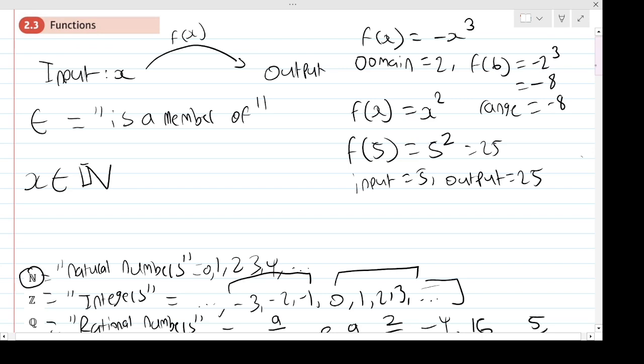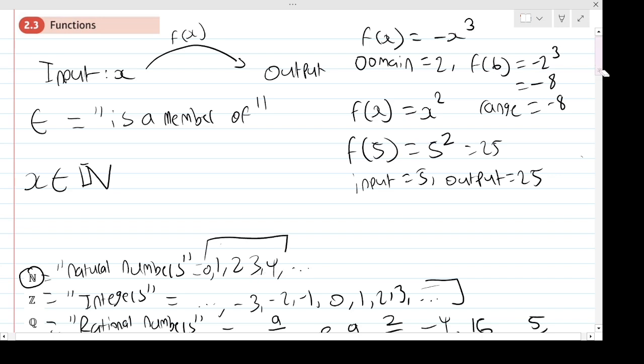That's saying x has to be a member of the natural numbers, so it has to be in the list of natural numbers essentially. Well, that means x has to be 0, 1, 2, 3, 4, and so on. But what that also means is x can't be pi or x can't be -8, because remember, those are not natural numbers. The natural numbers are this list here, which I highlight here.